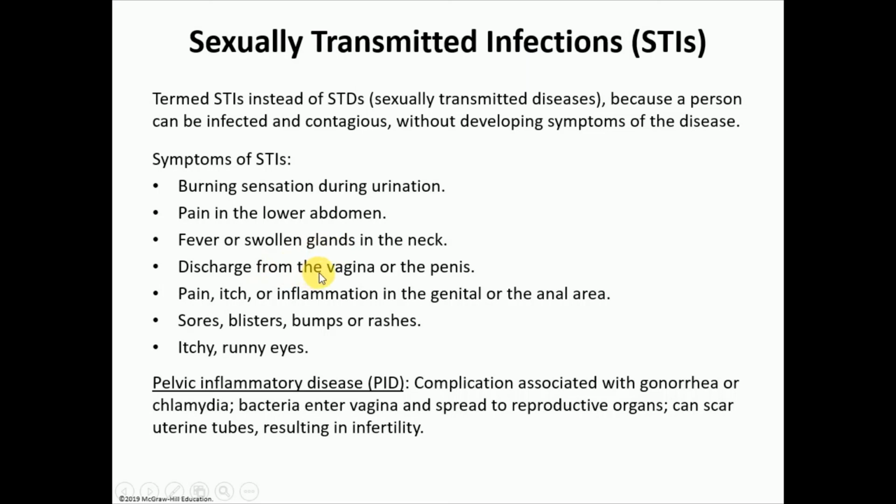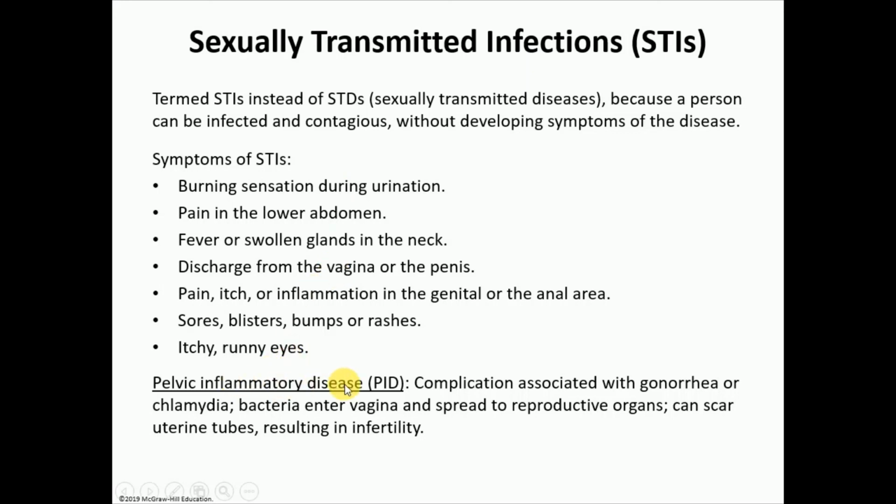There could be discharge from the vagina or the penis. There could be itching, pain, and inflammation in the genital or perianal area, sores, blisters, bumps, or rashes, and itchy and runny eyes. So these are just general symptoms of STIs.